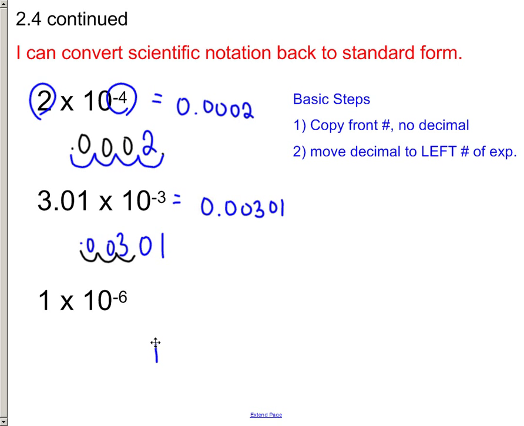And now this one. Because the decimal's right here, when I move it behind the 1 right here, that's going to be one movement. And then I'm going to have to put on 5 more zeros to show that movement. So that's the answer for this one right there.